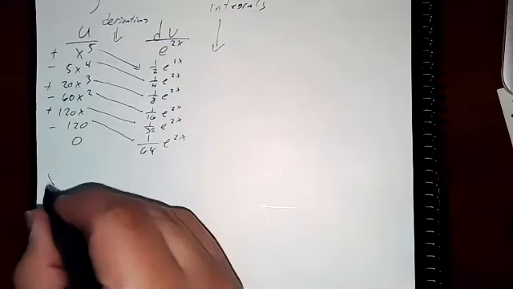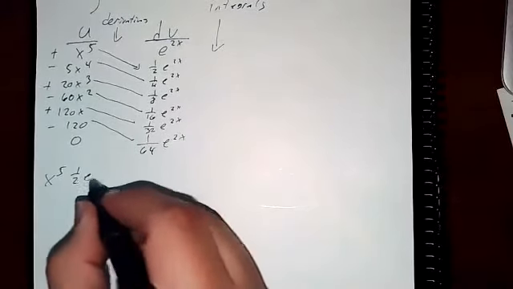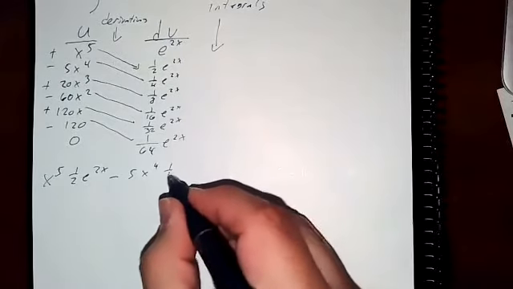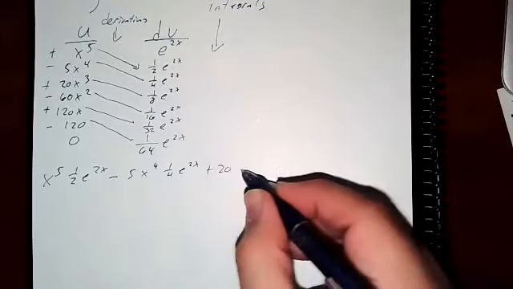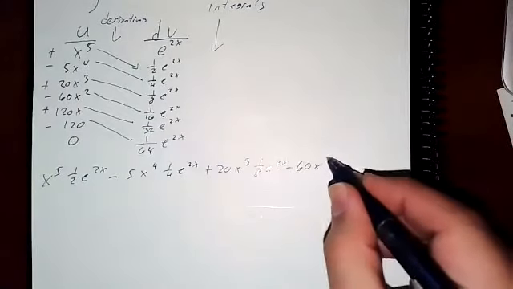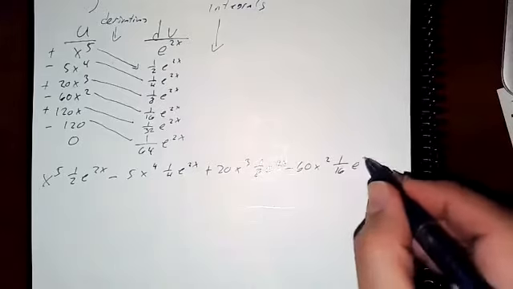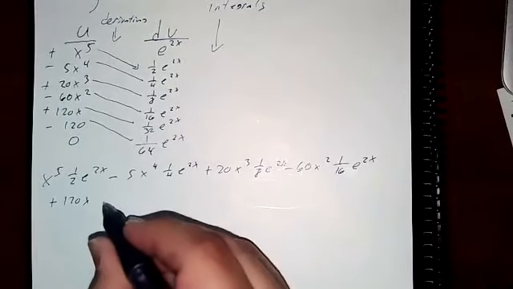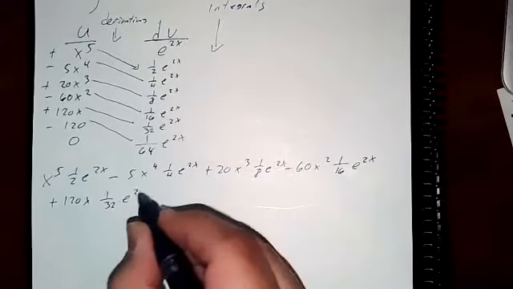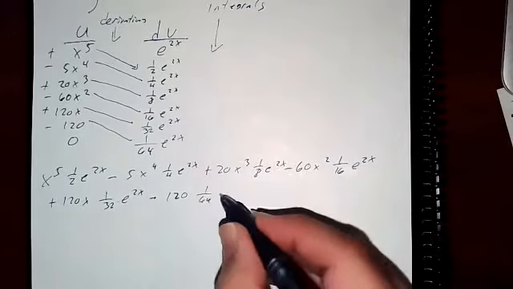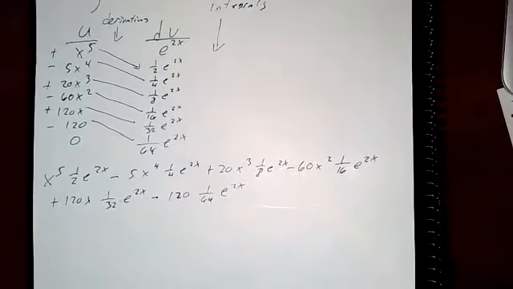The answer to the integral will be the first term times the 1/2, minus the second row there times its pair, plus 20x cubed times its pair, minus 60x squared times its pair, plus 120x times 1/32, minus 120 times 1/64. And then the 0, who cares?